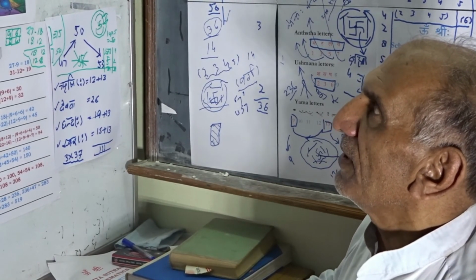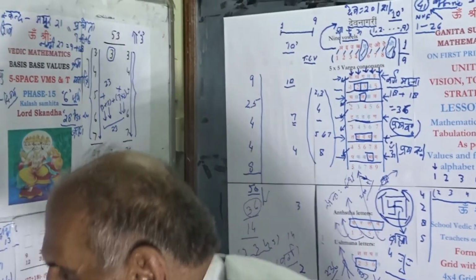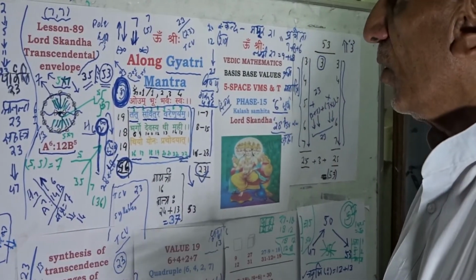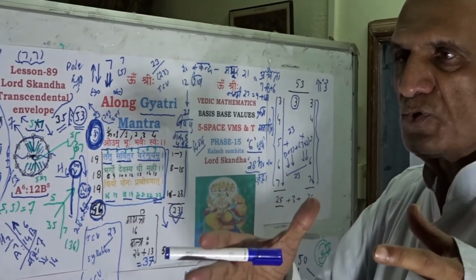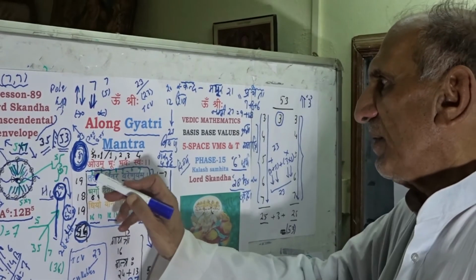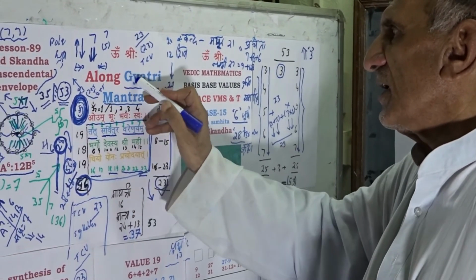Tomorrow we shall be concluding phase 15, and with it we will initiate how the further progress is to be along the format of a Gayatri Mantra. So we will be on the path of a Gayatri Mantra.